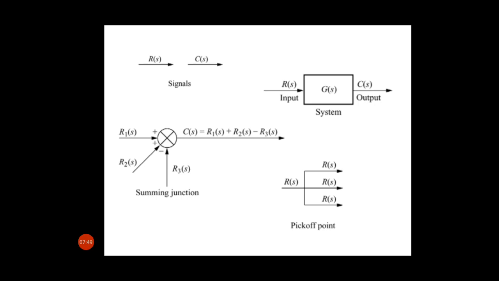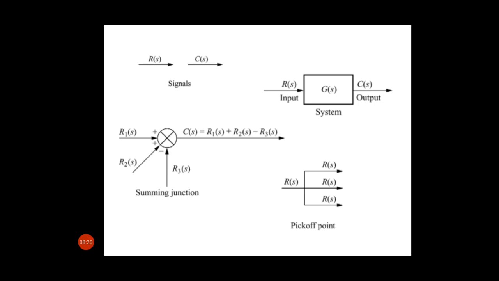For example, if the gain is 1 by G, then the output will be R by G. So whatever signal enters any block, according to the functionality of that block representing a component, the signal is going to vary. According to the characteristics of that block, your signal is going to modify.